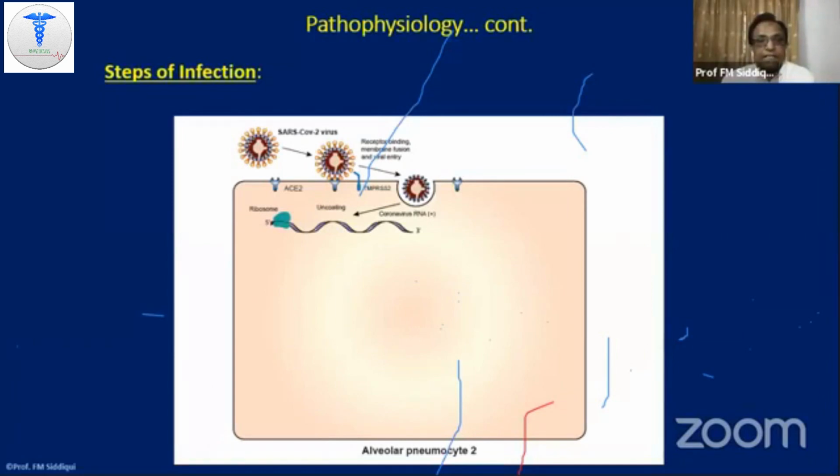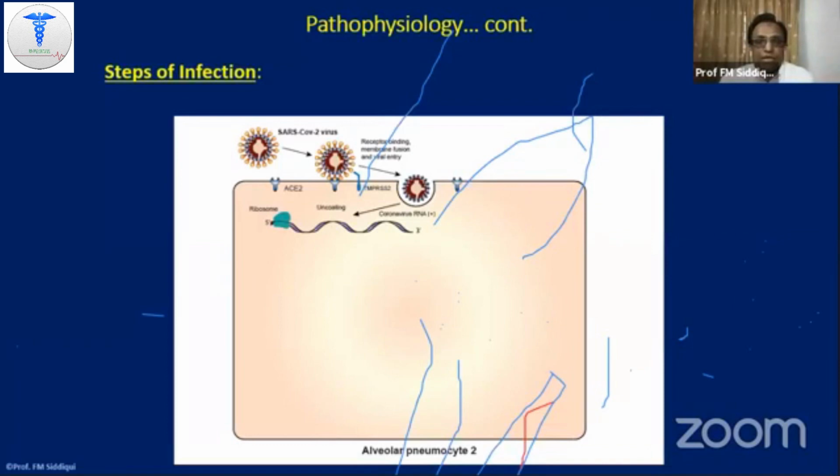As the virus enters the alveoli, it attaches by its spike protein to a receptor at the membrane of the type 2 pneumocyte. This receptor is an enzyme known as angiotensin converting enzyme 2.